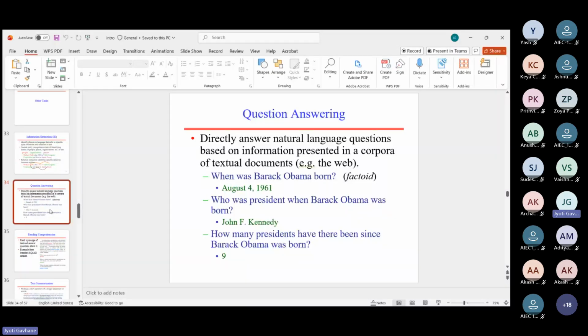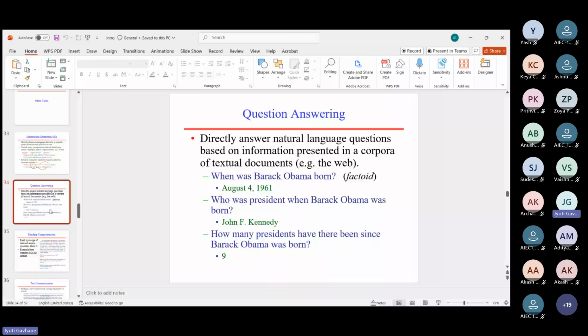The example given is: when was Barack Obama born? If you have the answer in your corpora, it will come. If it doesn't know who Barack Obama is, we know that being a president we know the name of him, but if there is more than one Barack Obama in the population, how are you going to answer that? Then it will become difficult and there won't be any answer unless you specify which Barack Obama you are talking about.